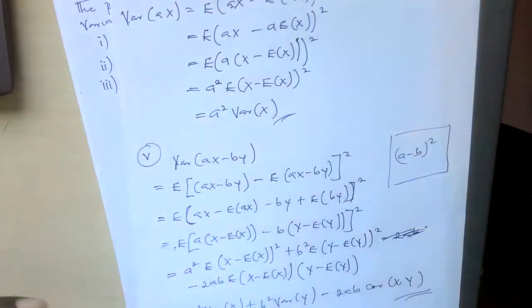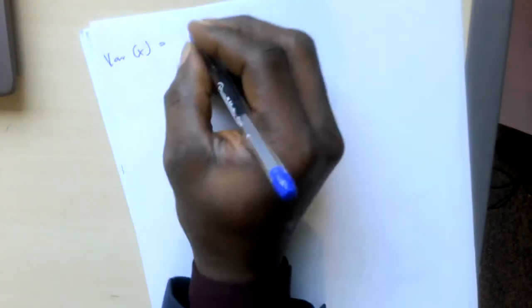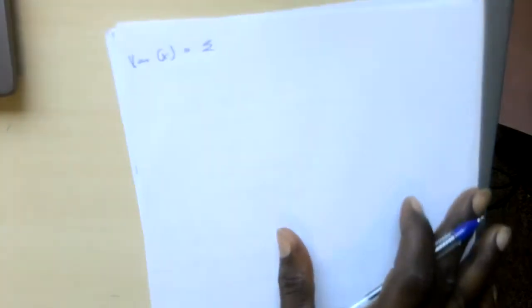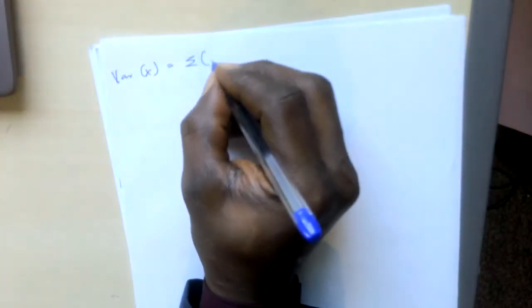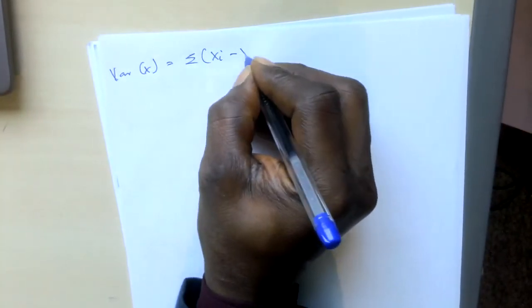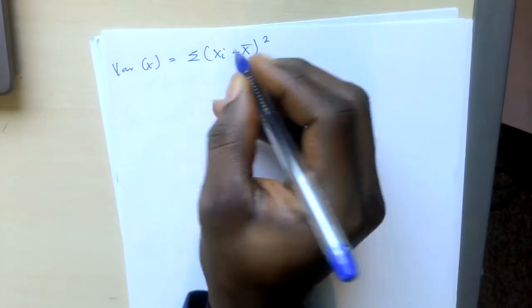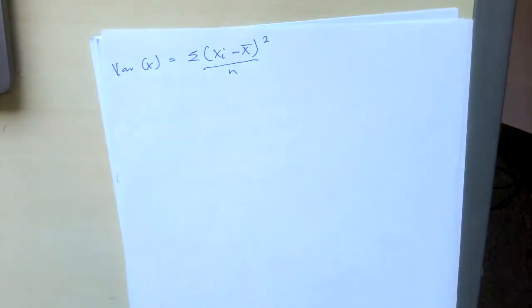So what is the sample analog here? From what we know, variance of x equals summation of xi minus x bar squared, all over n, right?